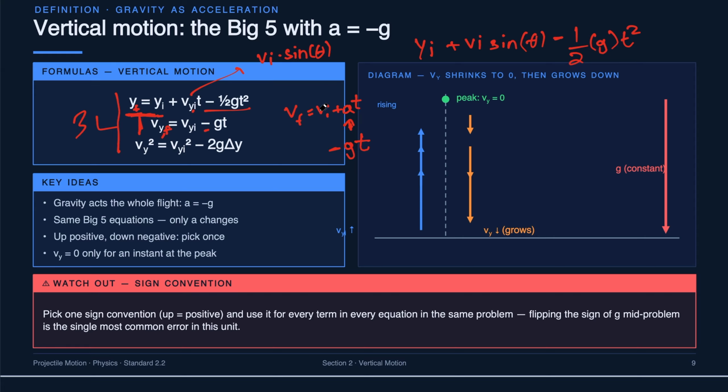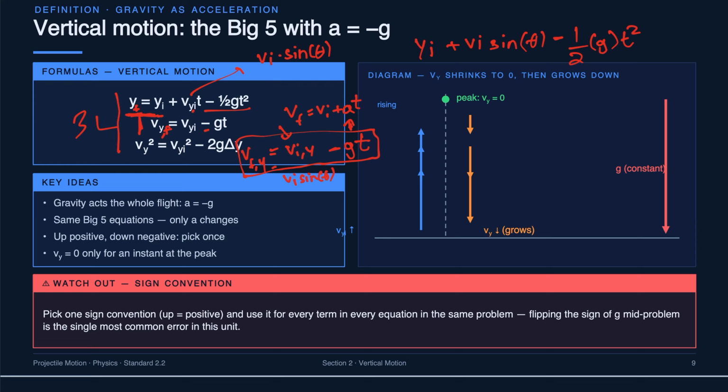The velocity initial, we know that's viy, or you can also write it as vi sine theta. And then we can just say that v final in the y direction is this, viy minus gt. That makes sense, right? You start with an initial velocity, but then what happens? Every second, gravity removes 9.81, 9.81, 9.81, continuously like that, okay?